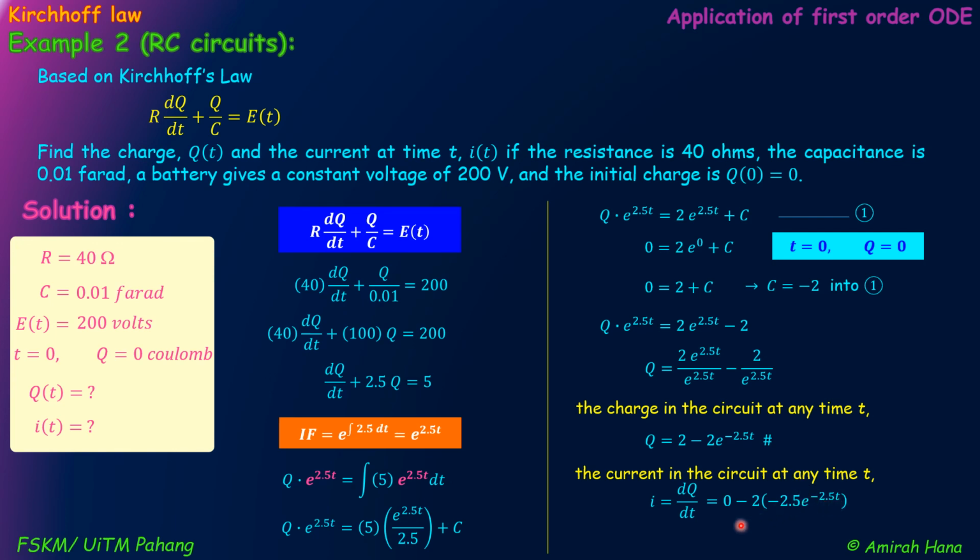And then we simplify. So we got this. Okay? i equals to negative 2 times negative 2.5 equals to positive 5, and then e to the power of negative 2.5t. Right? This is the current at any time t. Okay? Because we have i in terms of variable t. Right? So this is the complete solution for this question. Right? Got it?